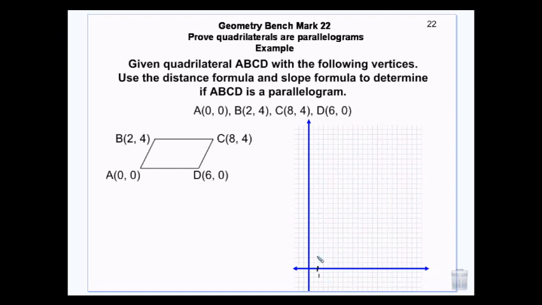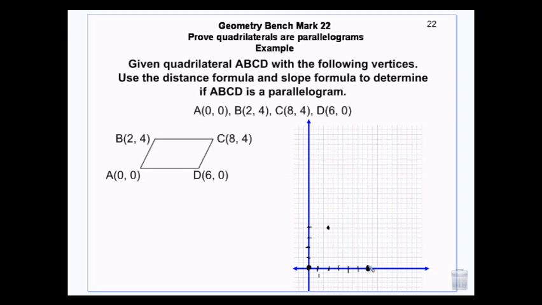So I'm going to plot my points. 2, 4: I go 1, 2 over, and then 1, 2, 3, 4 up. So that puts me here. And 0, 0 is here. And 6: 1, 2, 3, 4, 5, 6 is here.